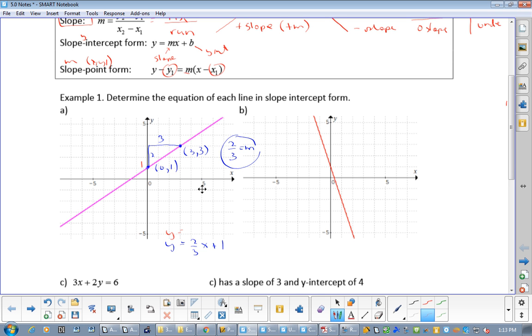Y equals mx plus b. B stands for what? Y-intercept. My y-intercept is 1. My slope is 2/3 because I have to go up 2. Now I could have used y2 minus y1, see, 3 minus 1 is 2, over 3 minus 0.